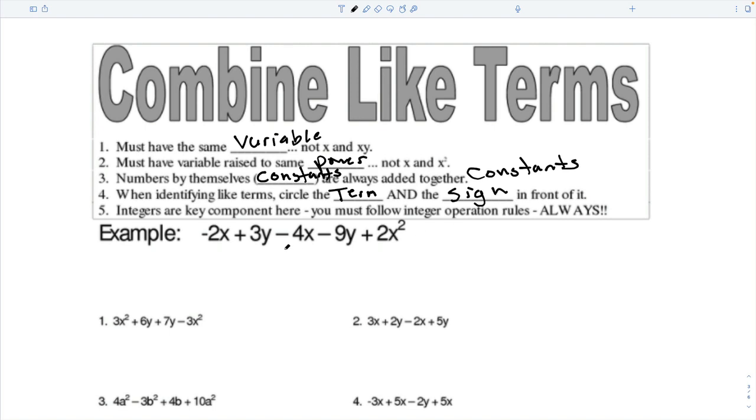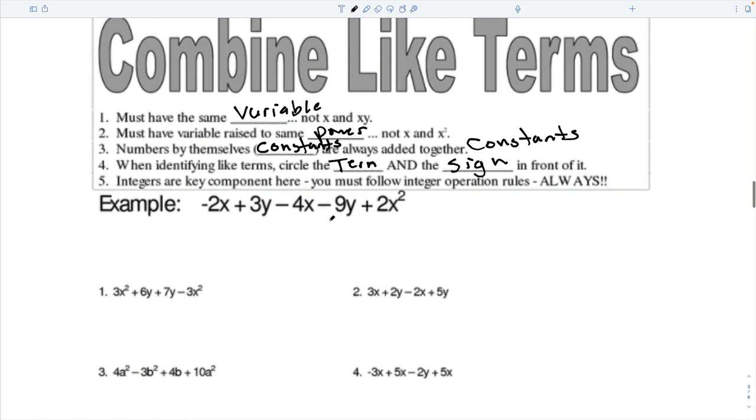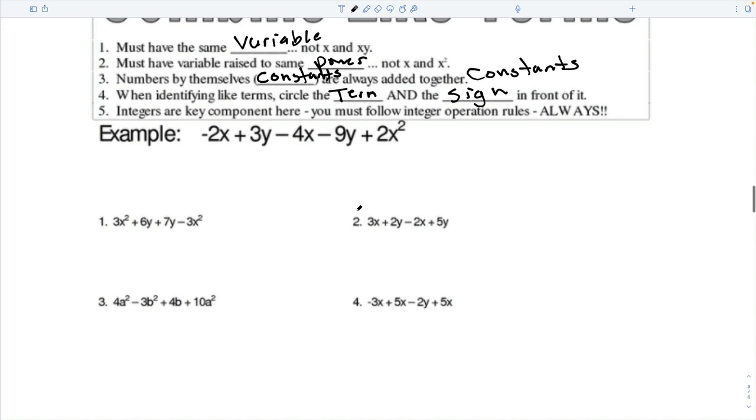For this example, -2x plus 3y minus 4x minus 9y plus 2x squared, I'm going to take my pencil. If you have some color-coded pens, you can bring them to class tomorrow or use them on your homework. I might even let you get them during partner work today. I'm going to look for anything that's an x. There's one, so I'm going to circle it. There's another one, I'm going to circle it.